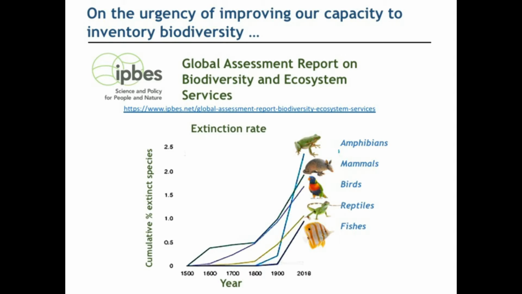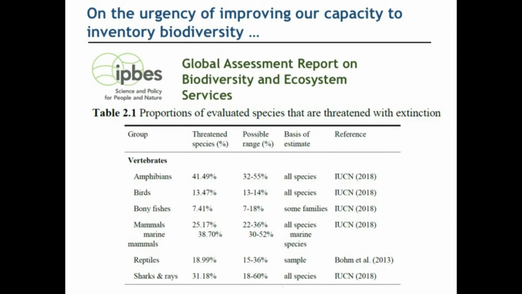So this first figure illustrates the cumulative percentage of extinct species across vertebrate groups, and you can see that since the 20th century with the industrial era, especially for amphibians and fishes, extinction rates have been ramping quite quickly.